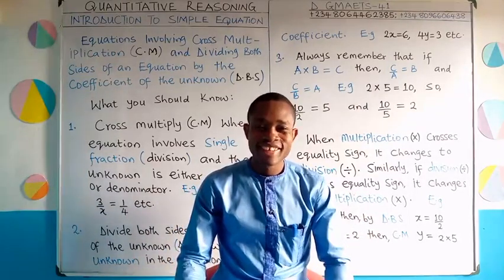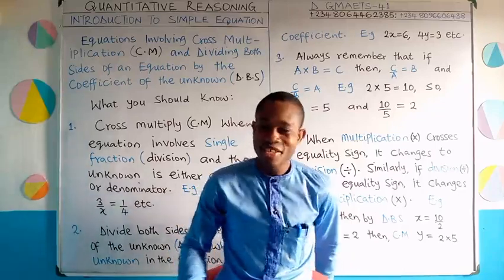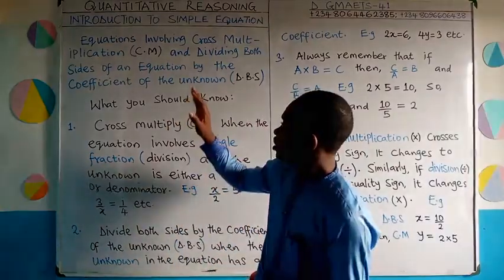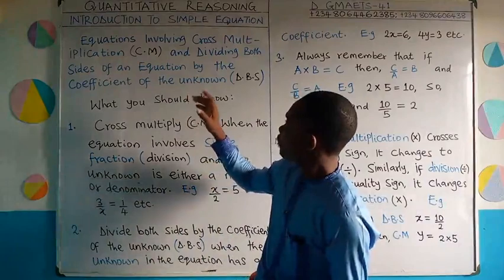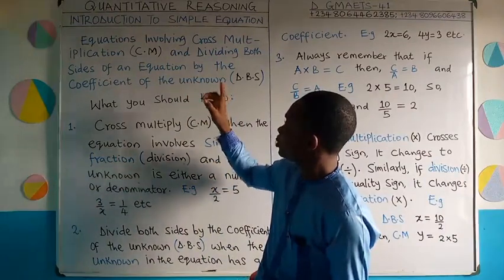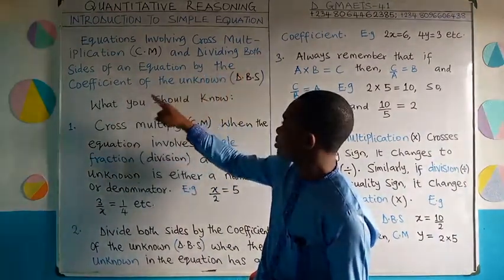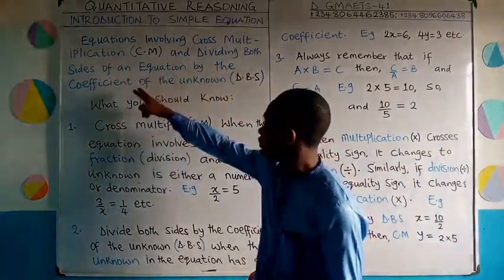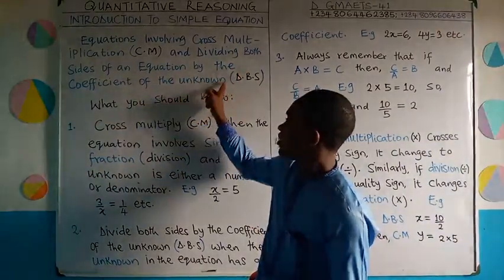Are you ready? Let's get to business. So today the topic we're looking at is equations involving cross multiplication and dividing both sides of an equation by the coefficient of the unknown.